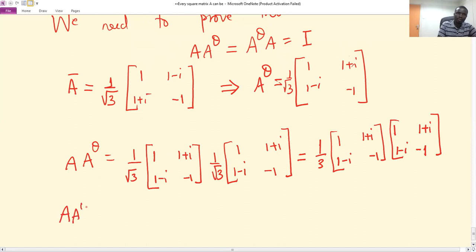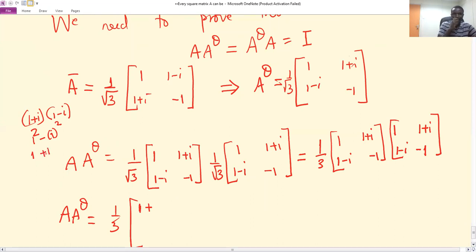So A times A power theta will be 1/3. Now this by this is 1 plus, this times this one is a difference of 2 squares. So when we have 1 plus i times 1 minus i, is like 1 squared minus i squared. So 1 squared is 1, this minus i squared, so plus 1. So this will give us 1 plus 1 is 2. Element here will be 1 times this, so we have 1 plus i.